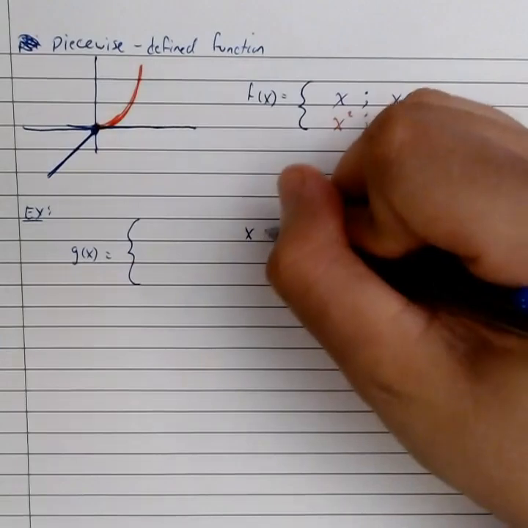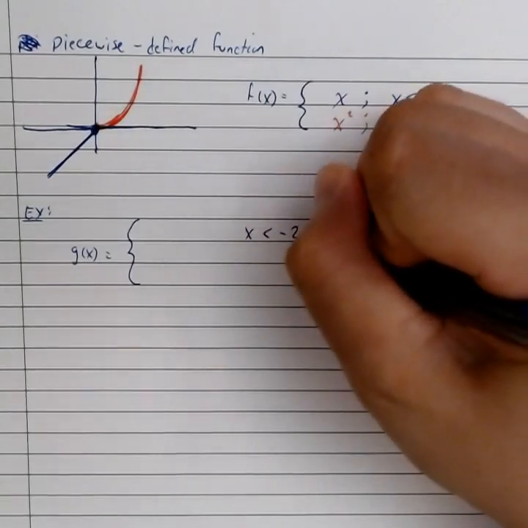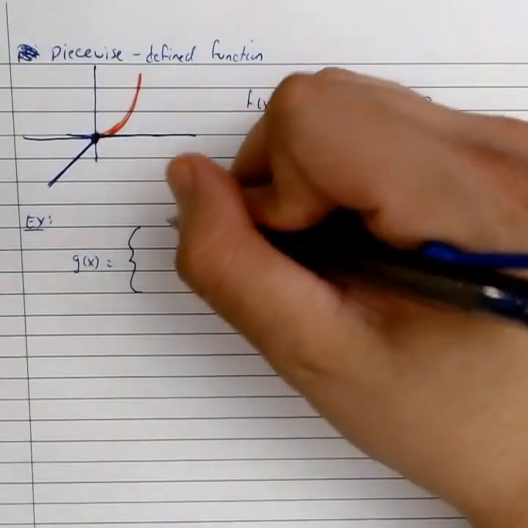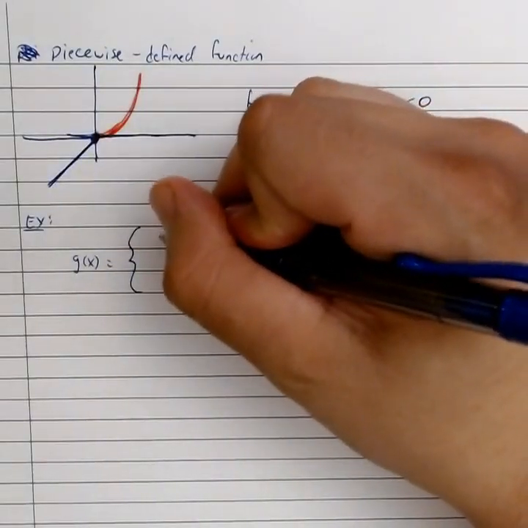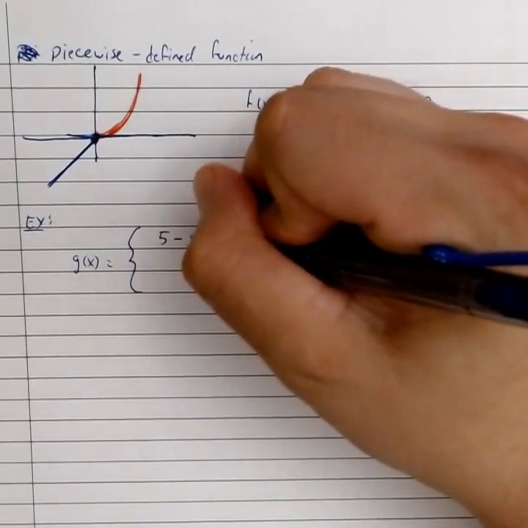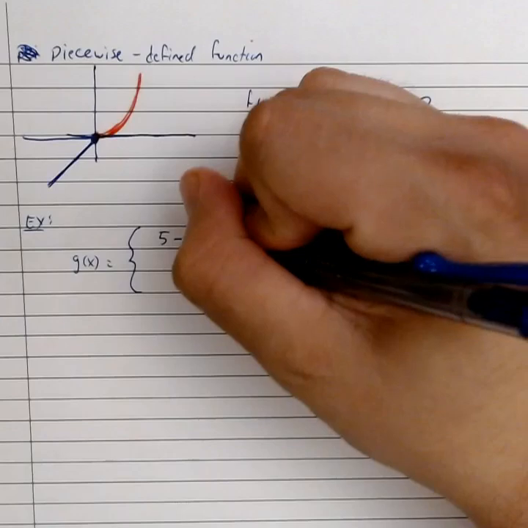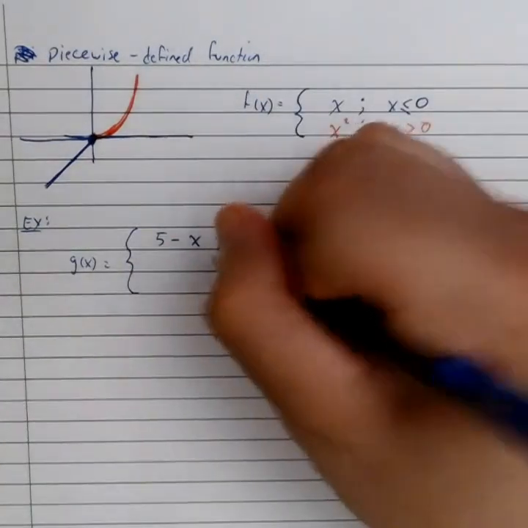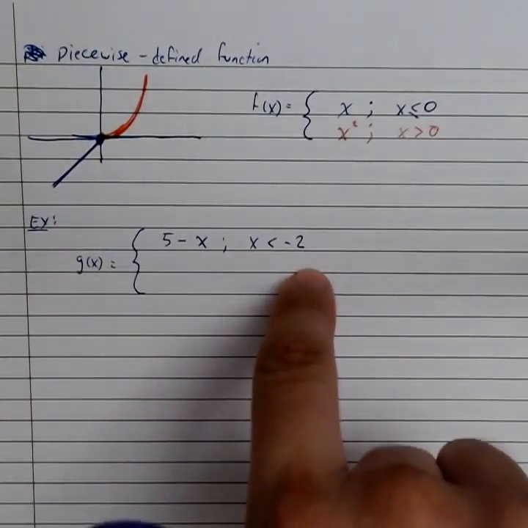Whenever x is less than negative 2, I want g of x to equal, let's go with 5 minus x.